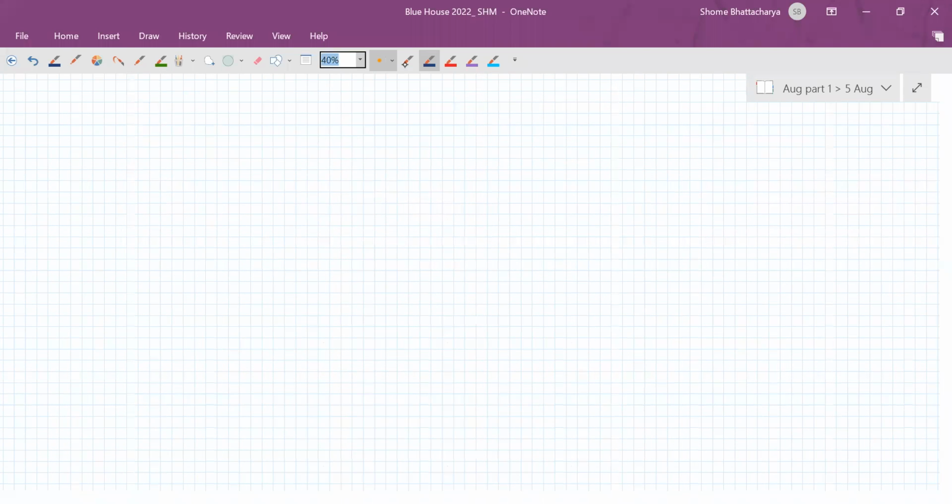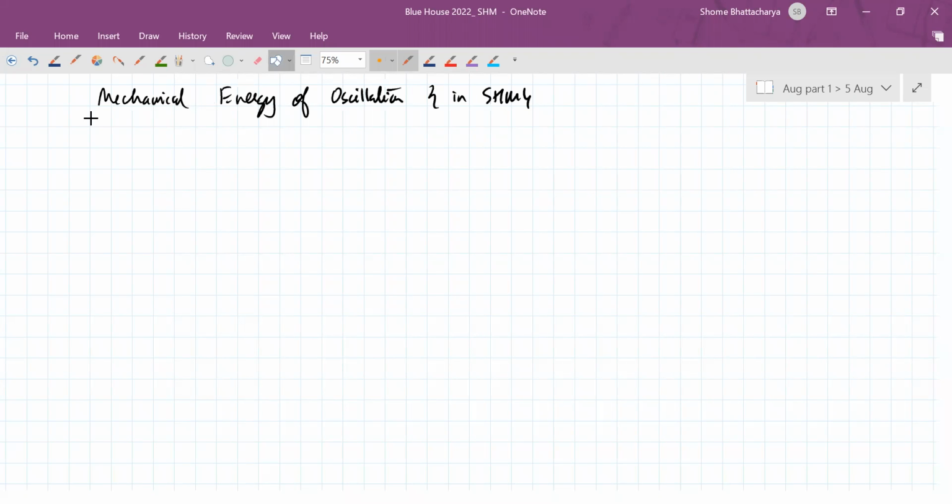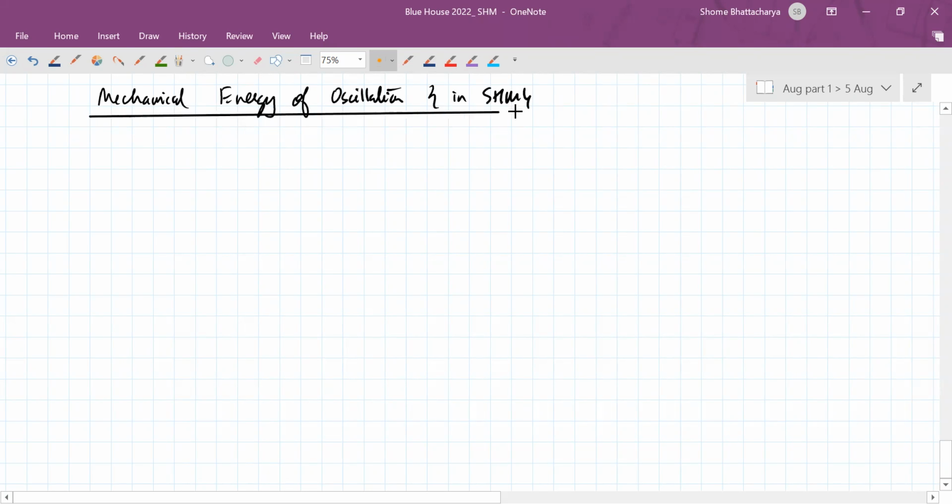Now the next thing is mechanical energy of oscillation. Or rather we should say mechanical energy of SHM. We can understand this in the context of the basic spring mass system first, and then generalize it.